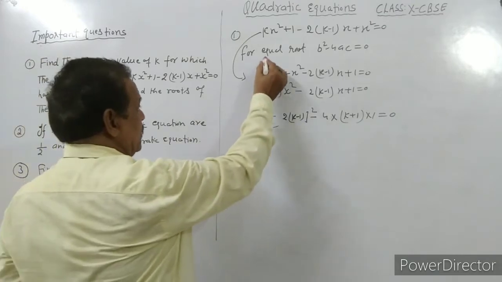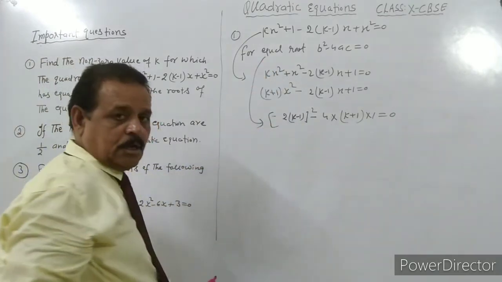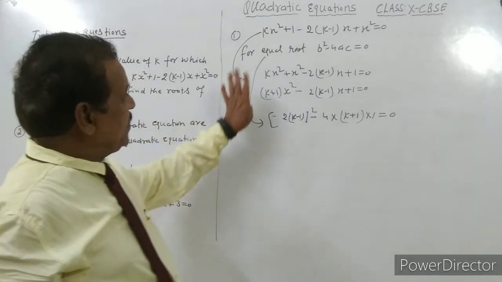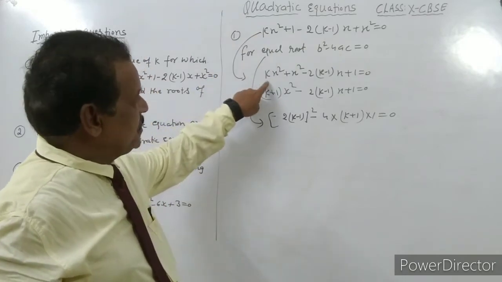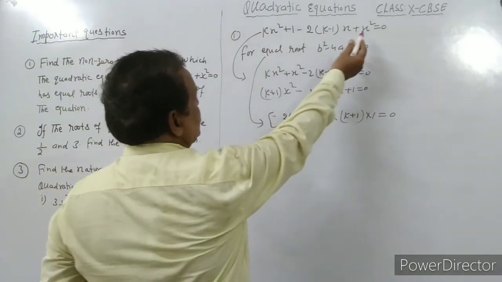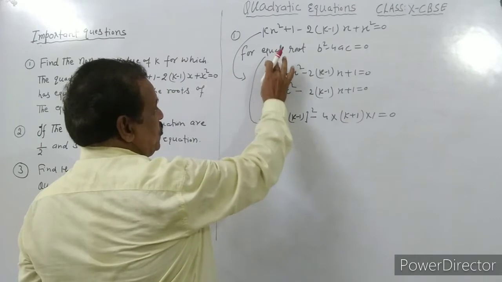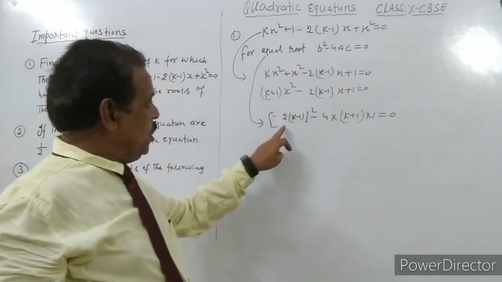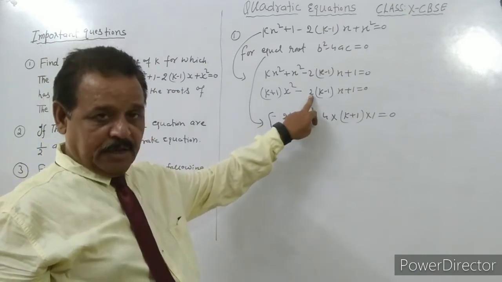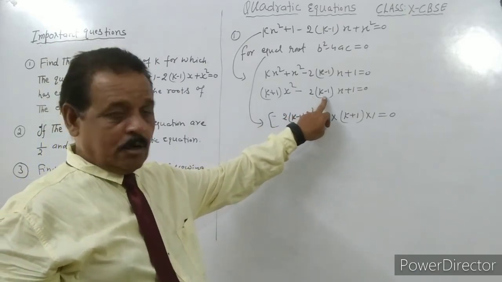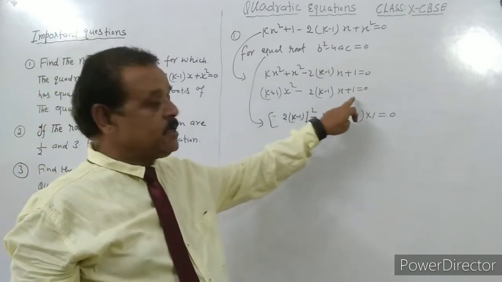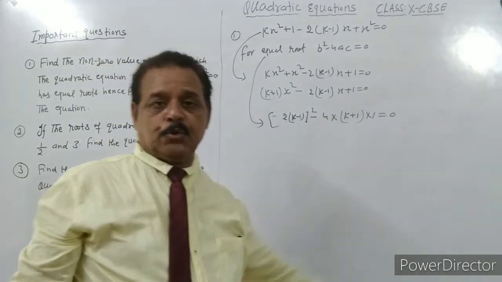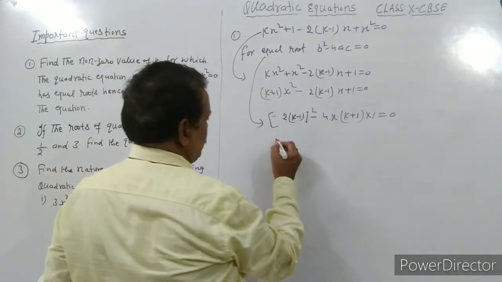First of all we make the standard form by taking x square common. Now for equal roots we know that b square minus 4ac is equal to 0. Now solve it.